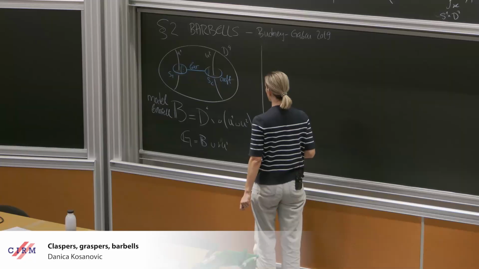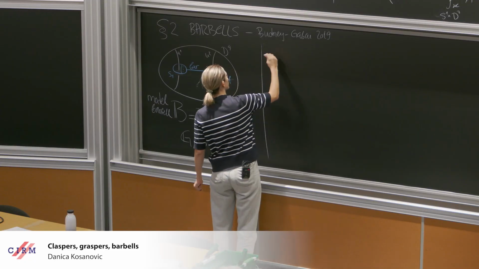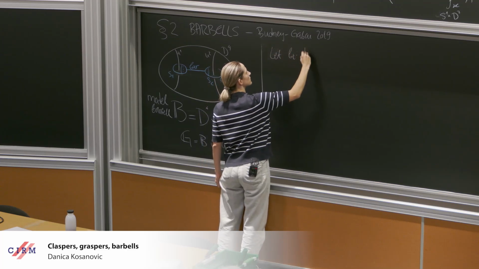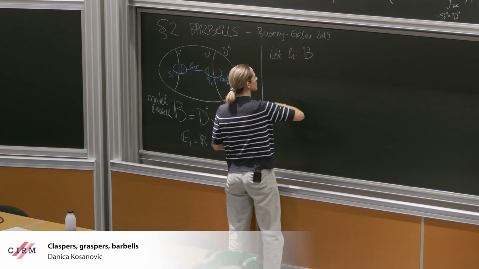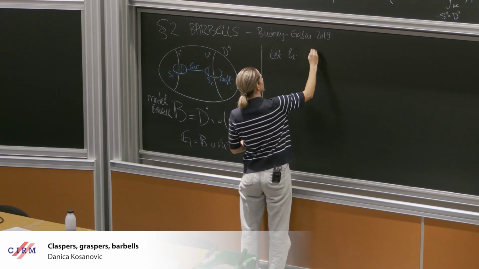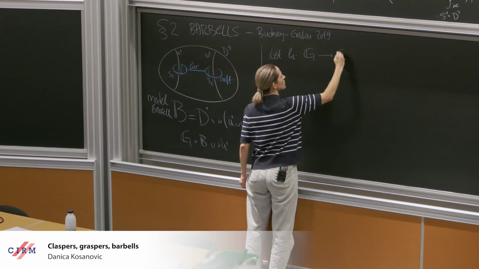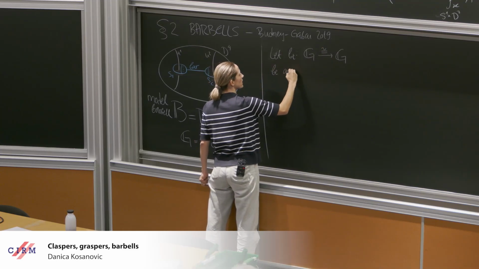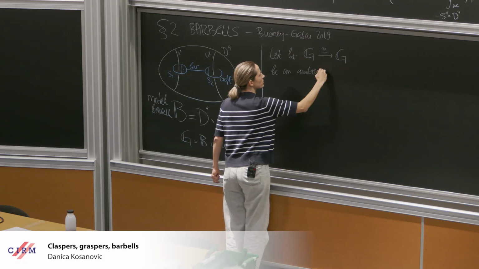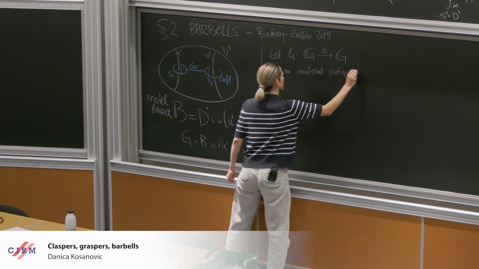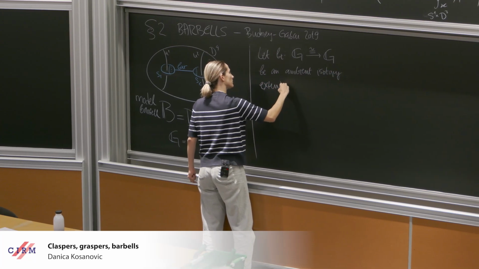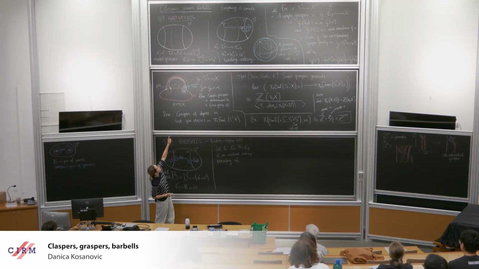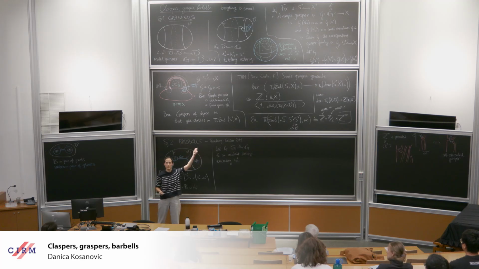Okay, so now I define the barbell map. The first thing I define is, let B_t be a map of G to itself. That's actually a diffeomorphism, and this is an ambient isotopy extending U1_t. U1_t up there was this one-parameter family of arcs that moves.